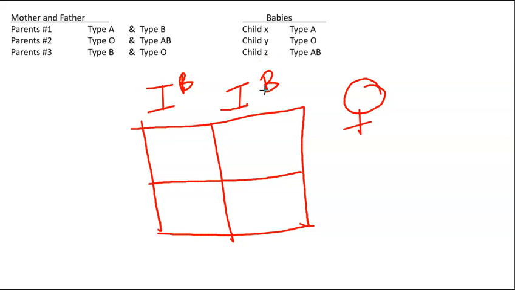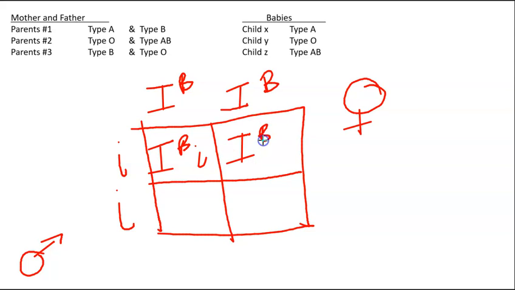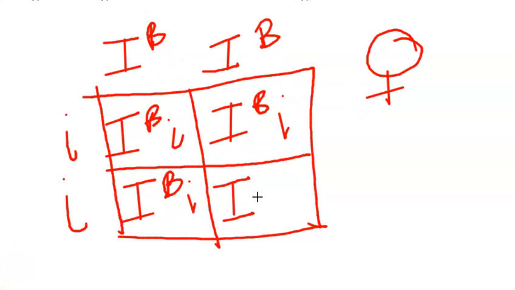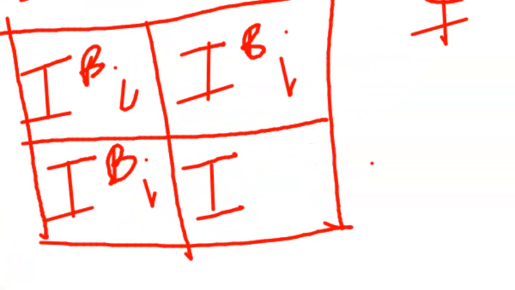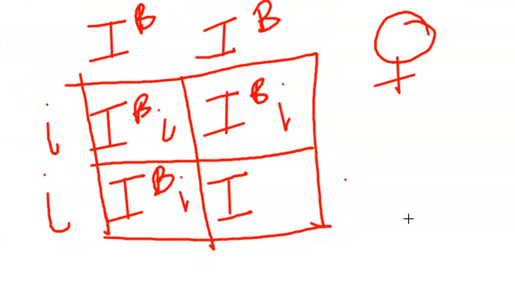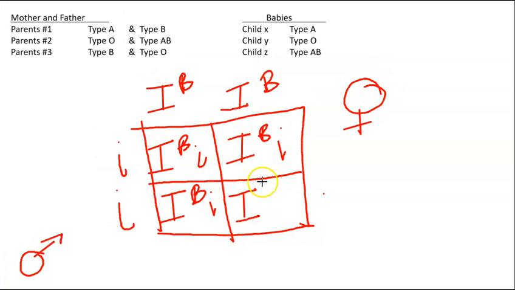And dad, well, he's type O blood, so his genotype can only be little i for type O. Okay, so with this combination, we can quickly see that 100% of this combination will produce children with type B blood.